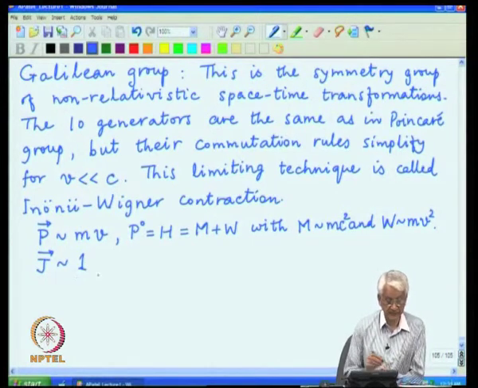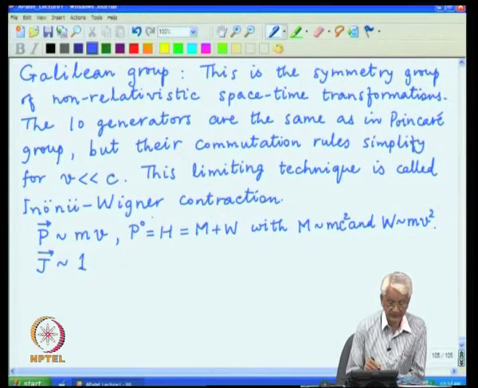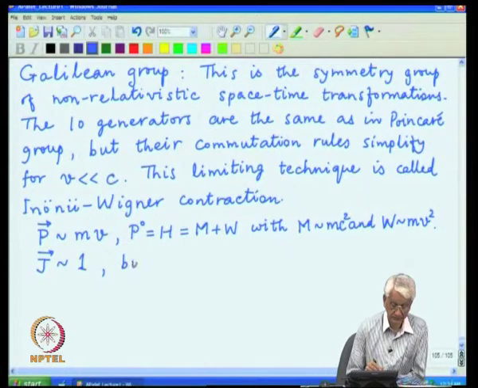So, the angular momentum actually does not scale in this non-relativistic limit, but the boost operator does scale, because it involves a time component, and the scaling is important.